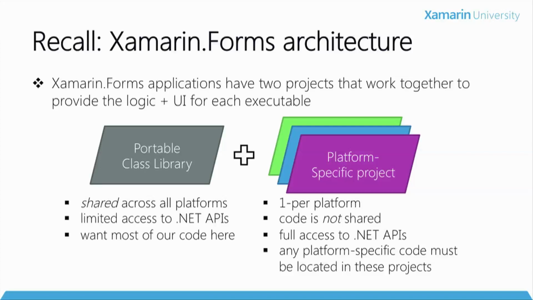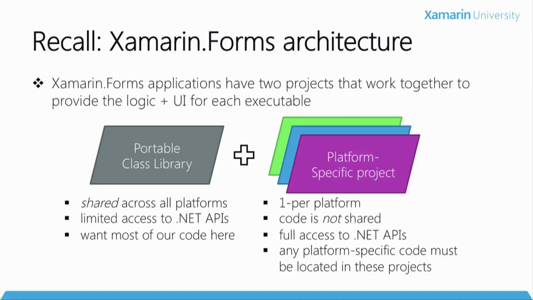Now, the PCL is a great thing because it allows us to, well, share the code across all platforms. But unfortunately, it's got significant limitations in terms of the APIs that we can use. In particular, there are many platform features that make iOS, Android, and Windows Phone great and unique, but they are unavailable to us in a portable class library.